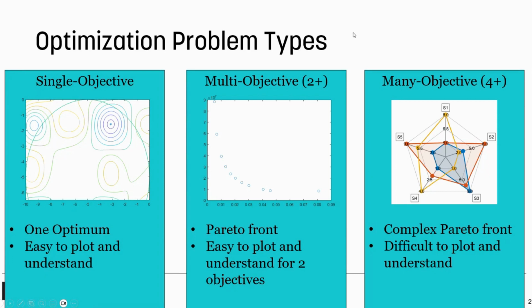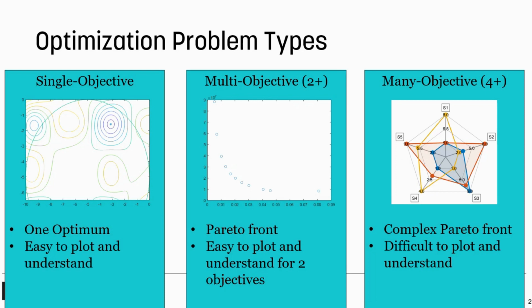So essentially we can face different types of optimization problems, and there are very many different classifications and categories that you can do. But essentially, if we focus on the number of objectives, we can have single objective optimization problems where you only optimize for one entity or characteristic.